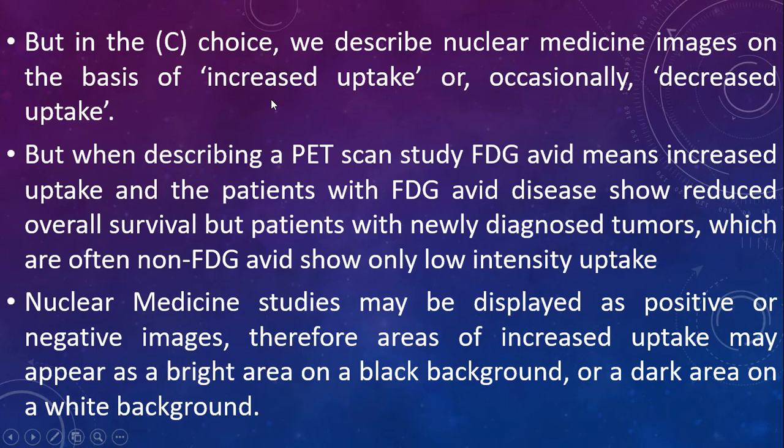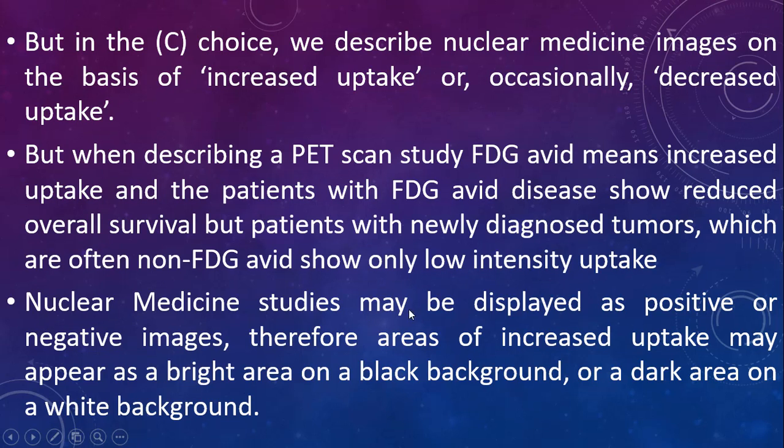In choice C, we describe nuclear medicine images on the basis of increased uptake or occasionally decreased uptake. When describing a PET scan study, FDG avid means increased uptake, and patients with FDG avid disease show reduced overall survival, but patients with newly diagnosed tumors, which are often non-FDG avid, show only low intensity uptake.